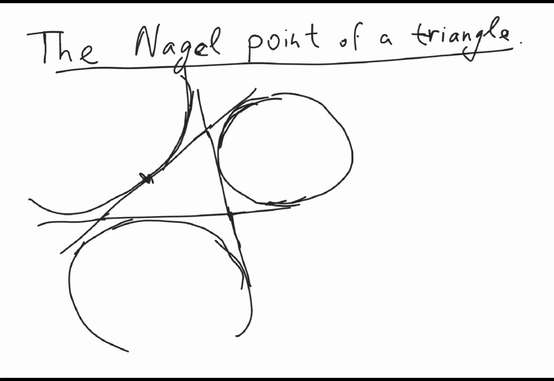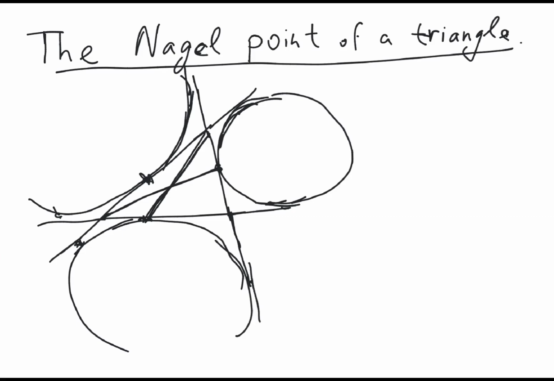But the point is that all these circles touch the lines containing the sides of the triangle. And so we take these tangency points of the excircles with the sides of the triangle, as opposed to the extensions of the sides, and we connect them to the opposite vertex of the triangle.